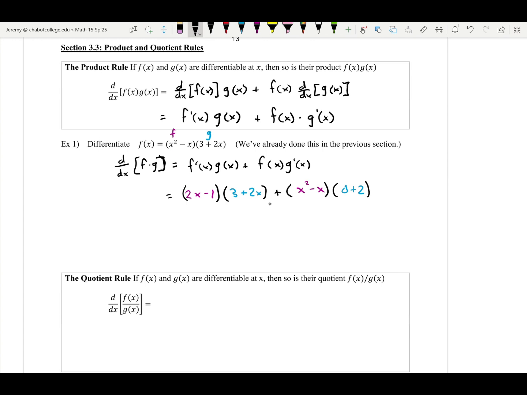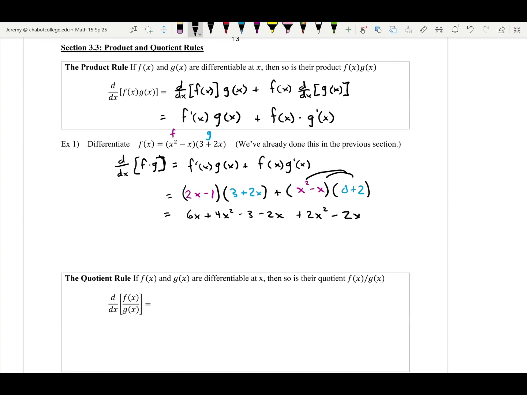So to simplify, I'm going to multiply out, I'll FOIL out these first couple terms here. And let's see what I get. I'm going to get 6x plus 4x squared minus 3 minus 2x. And over here, really, I'm just distributing this 2, so I'll get plus 2x squared minus 2x.